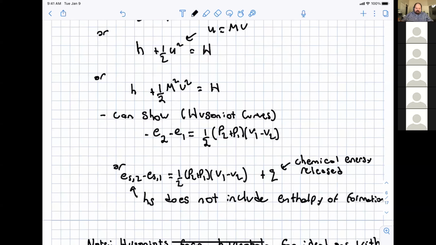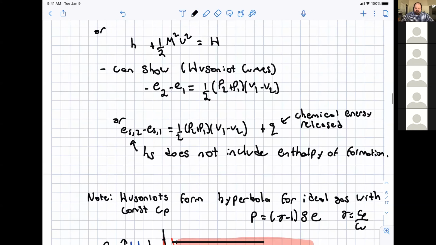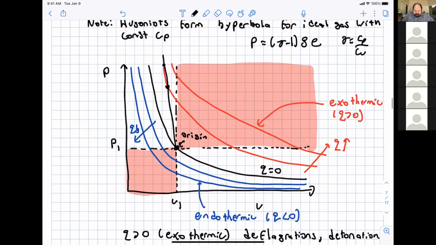The equations turned out to be identical to what you used in gas dynamics, if you took that class. They are actually one and the same.